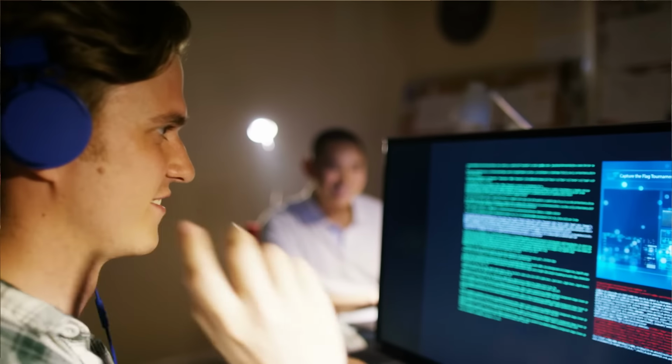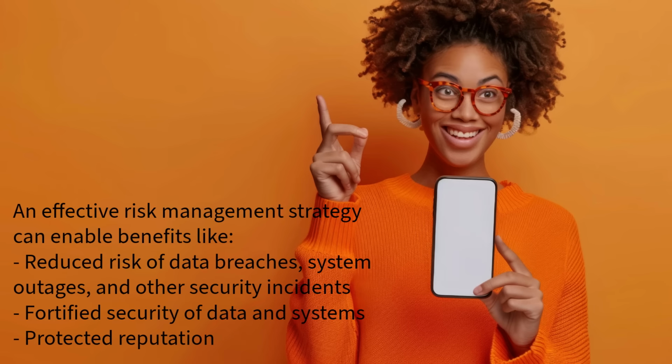Risk management in cybersecurity is the practice of identifying and minimizing potential risks to networked systems, data, and users. Though the question has to be asked, what are the benefits of risk management? An effective risk management strategy can enable benefits like reduced risk of data breaches, system outages, and other security incidents, fortified security of data and systems, and protected reputation.